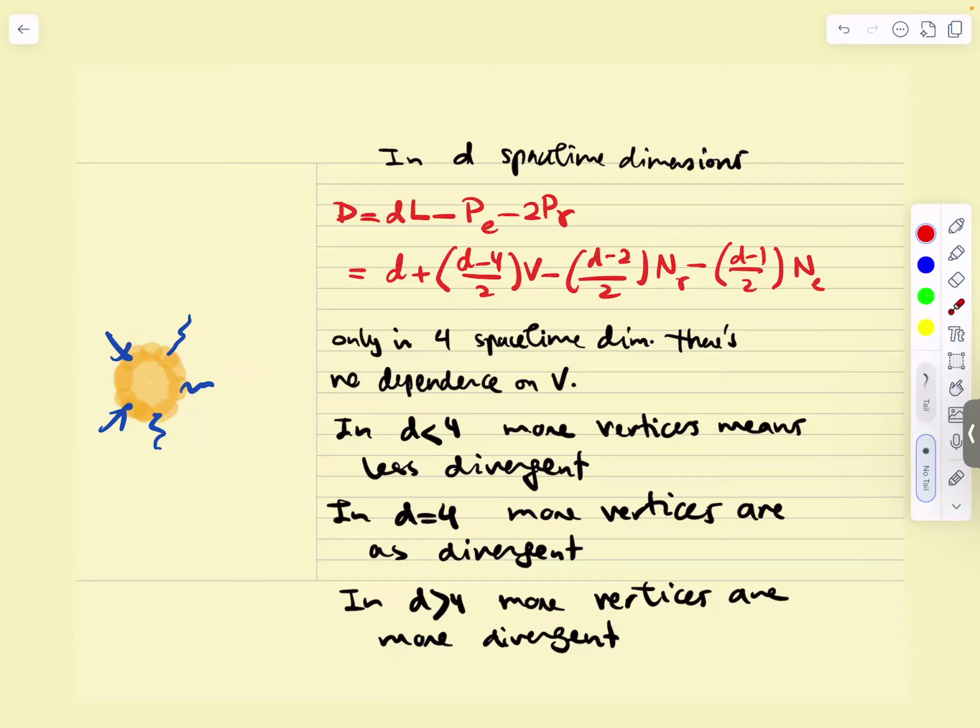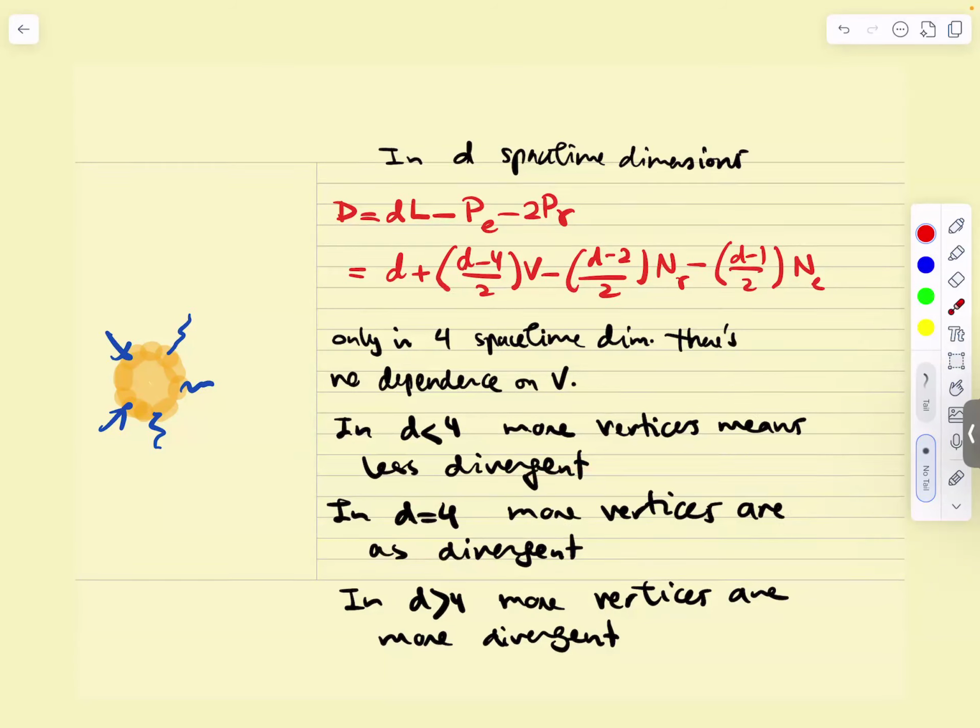Within this amplitude, there exists a Feynman diagram with a superficial degree of divergence that's arbitrarily large. The divergence is as bad as you can imagine. Is that principle clear? It's only in 4 dimensions in QED that this magical thing happens.